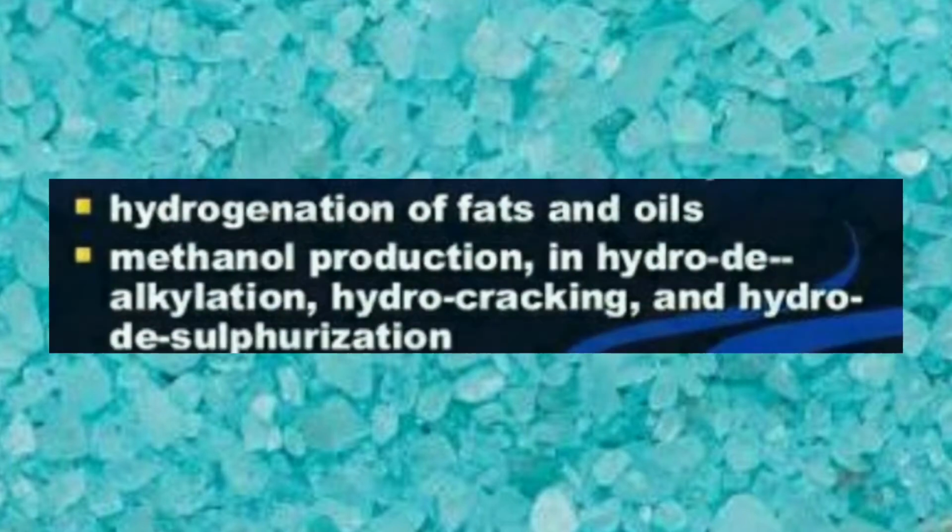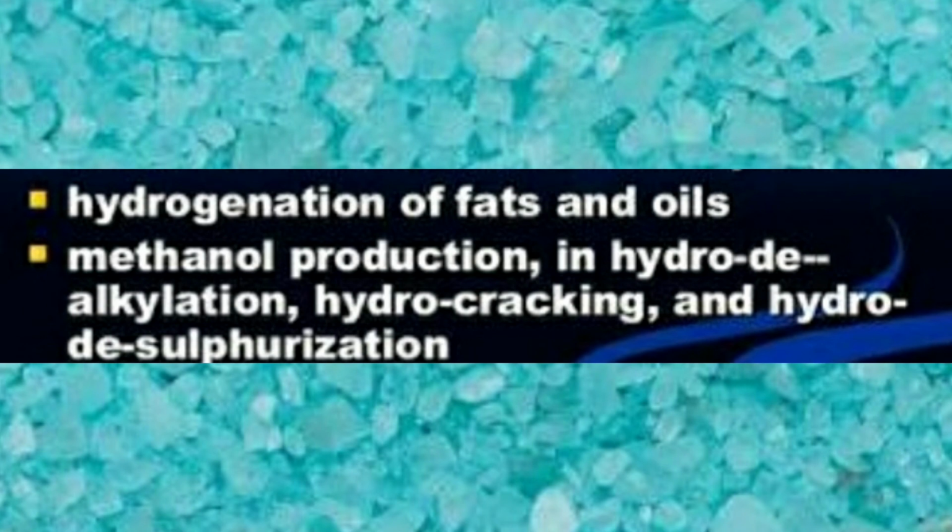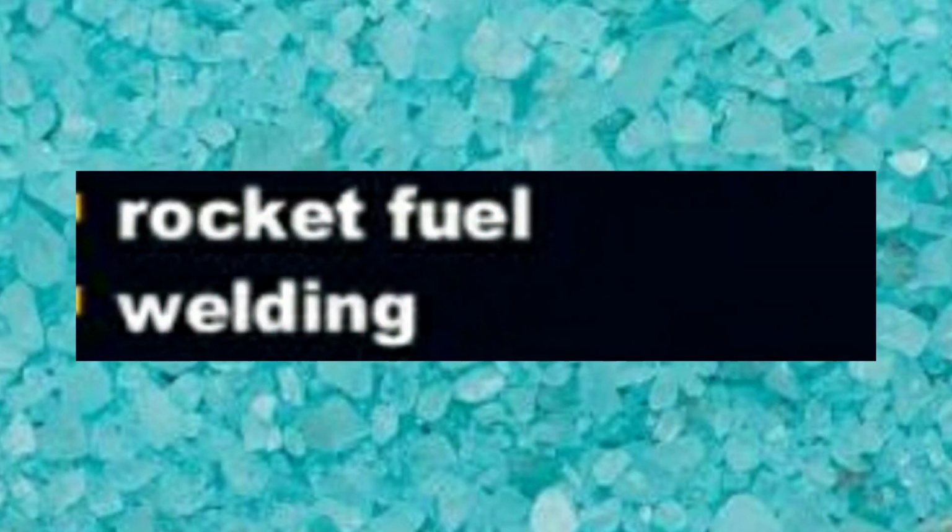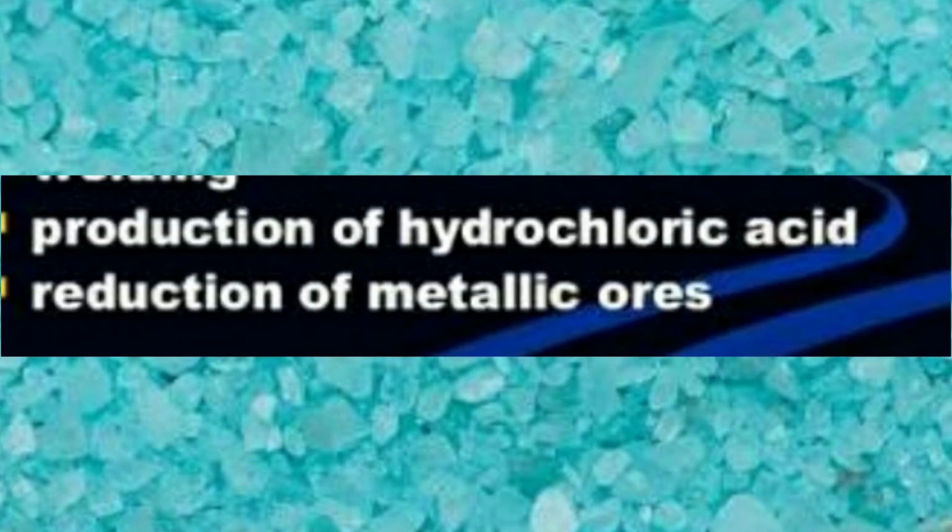It is used in hydrogenation of fats and oils. It is used in the preparation of methanol, in hydrodealkylation, hydrocracking and hydrodesulfurization. It is used in rocket fuel. It is also used in welding. Hydrogen is used in the production of hydrochloric acid and reduction of metallic ores.